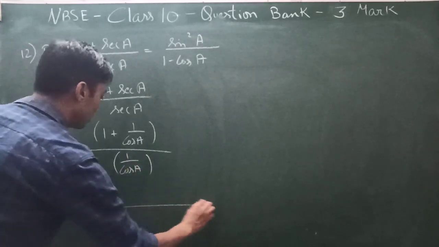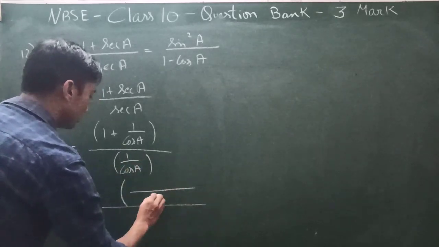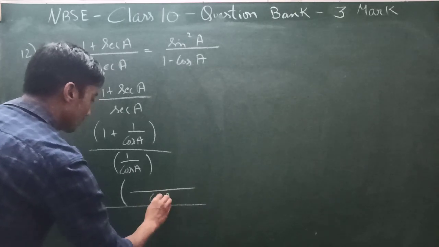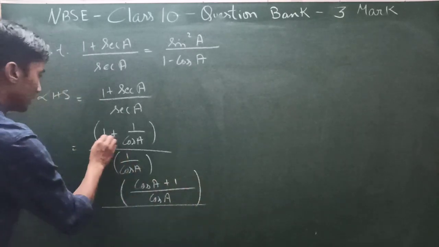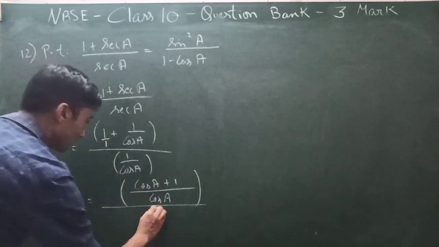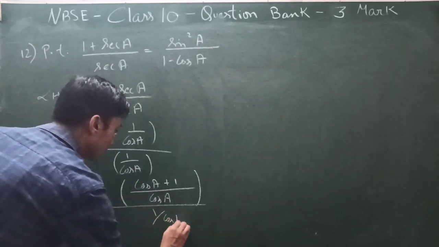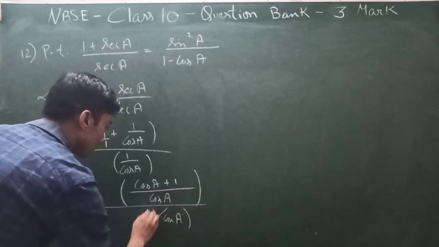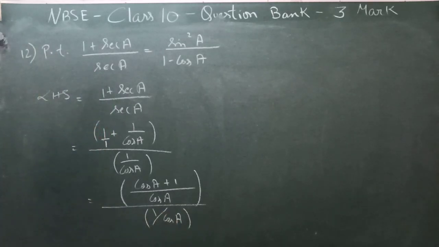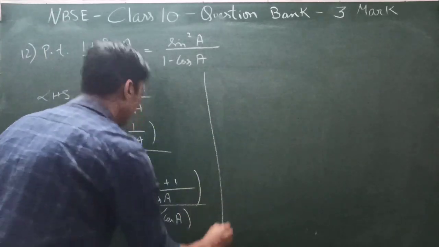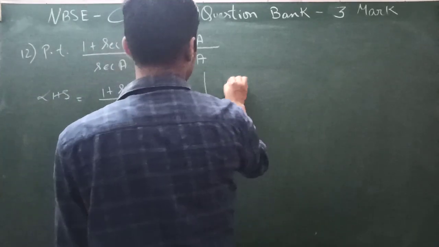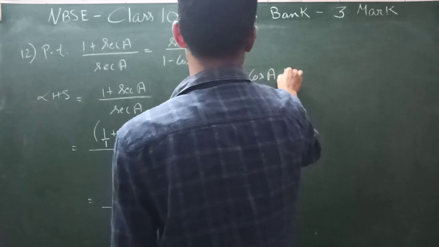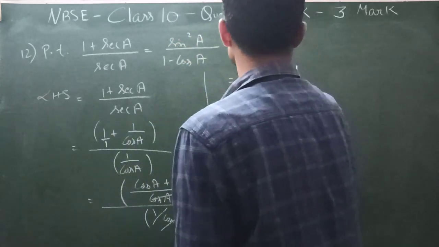So on the numerator, taking the common LCM, cos a, that's going to be cos a plus 1, taking the common LCM here, 1 by 1, and here of course 1 by cos a. So further solving, the cos a denominator we can cancel, so we are left with cos a plus 1, or 1 plus cos a.